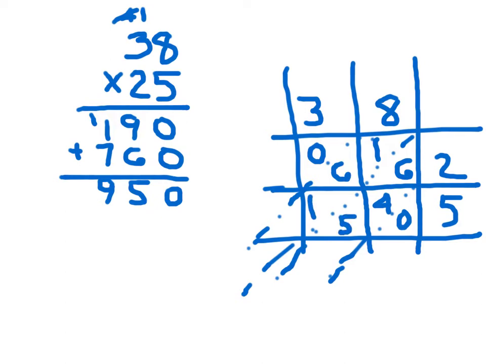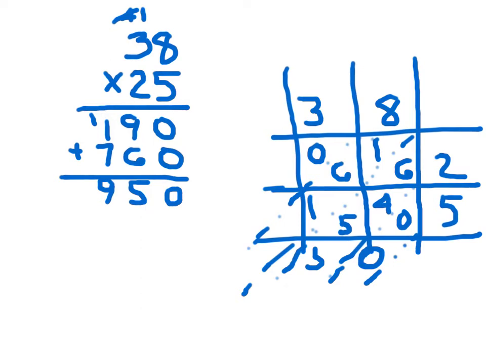And then all we need to do is to add along the diagonals. So we have 0 here, 6, 4, and 5 here, 1, 6, and 1 here, and I'll add those together. So in that first column, that is a 0 there. Next column, that's 6 plus 4, which is 10, plus 5, which is 15.